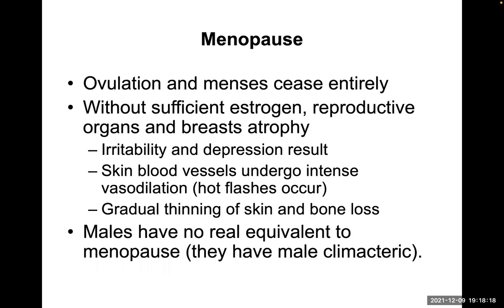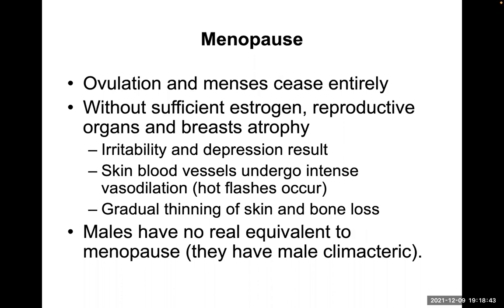And then menopause. For females, menopause is an event that typically takes, I think, from start to finish, if you're talking about perimenopause all the way through menopause being complete, about 10 years. But what characterizes menopause is the cessation of ovulation.